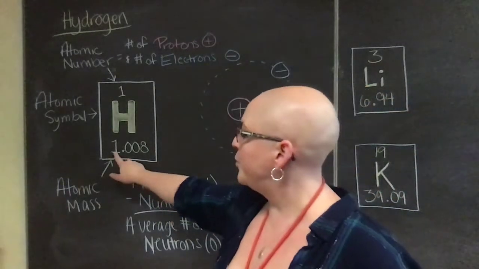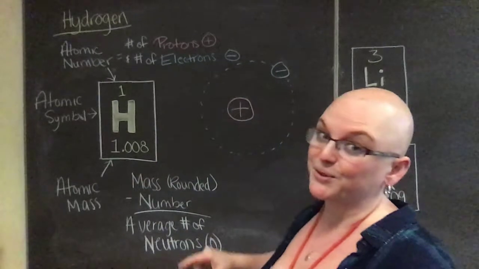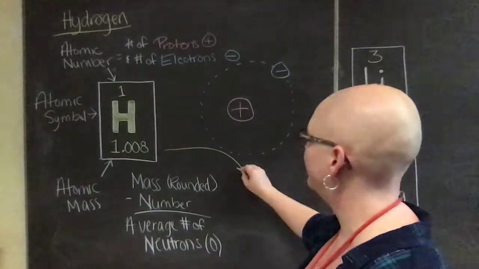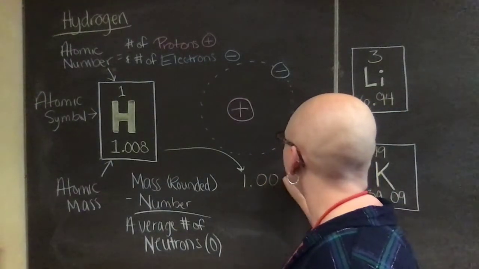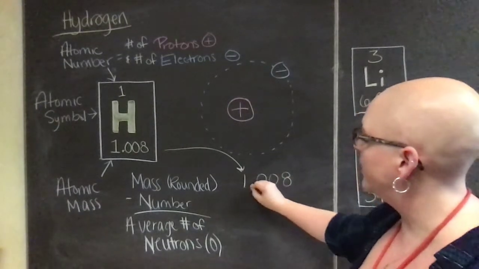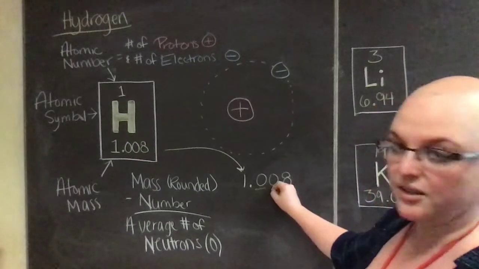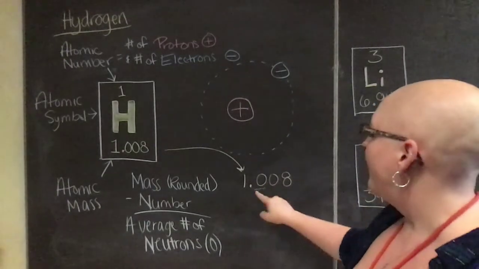So 1.008, we need to follow our rounding rules. Friends, follow me if you will, over here. 1.008. I'm going to look at this number next to the decimal, noting that this is a 0, so it doesn't really count.